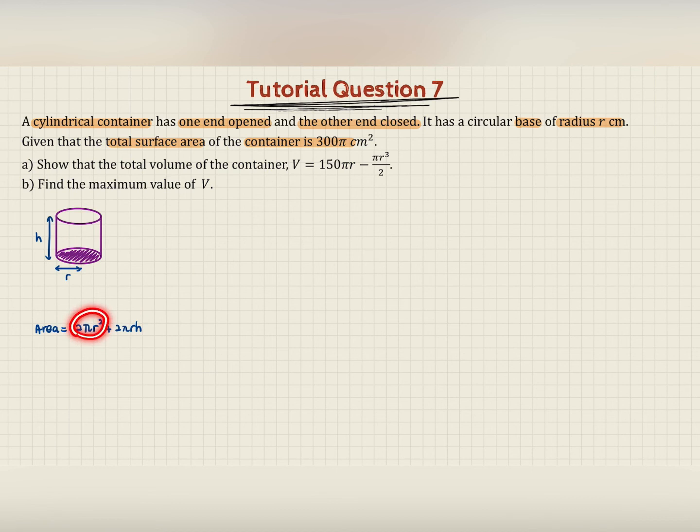And 2 pi r square ni untuk area yang atas dengan bawah ni. Okay, tapi sebab kita hanya ada satu sahaja yang close, so yang atas ni tak ada, kita akan refer yang bawah ni sahaja. So that means, mana pemadam? Okay, that means kat sini kita buang 2 tersebut. Okay, tinggallah pi r square sahaja.